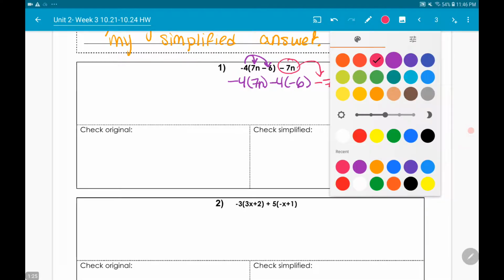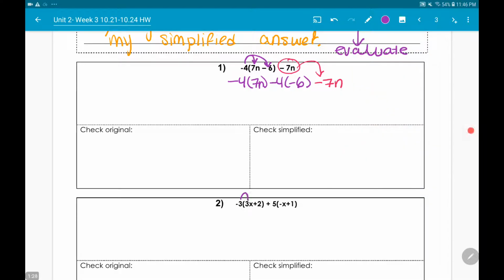All right, so let's do that again for number 2. Number 2, I notice I have 2 parentheses. So let's do one at a time. So now I have a 5 goes with the negative x, and the 5 goes with the 1. Okay, now after I've done that, I need to simplify my parentheses using multiplication.